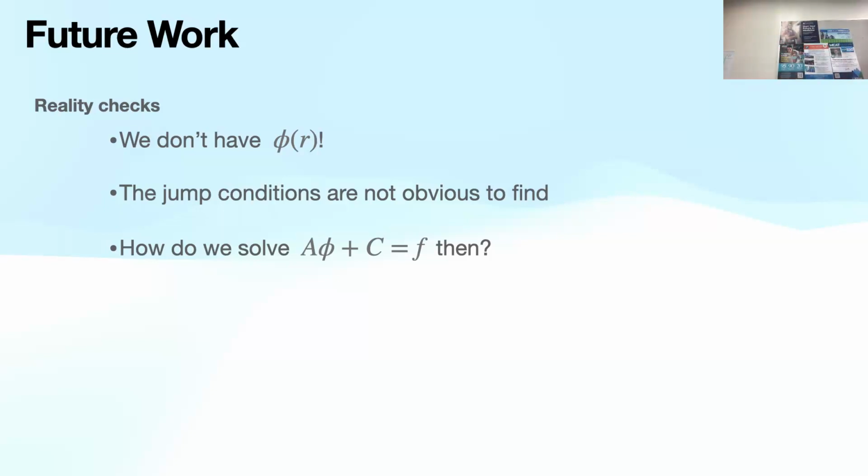Because if we have C, our F is clearly defined well, and then we have our A clearly defined well, we can have a better solution. So now the challenges that arise here are, in the due process of getting C, we need jump conditions.